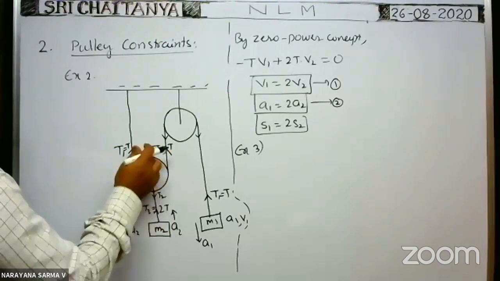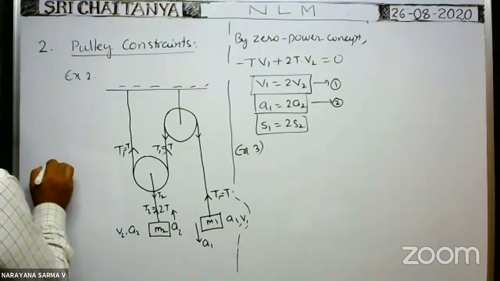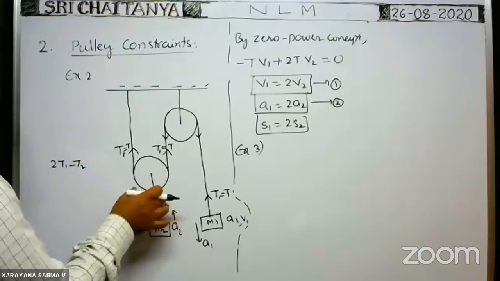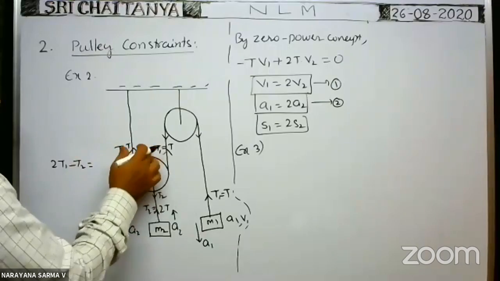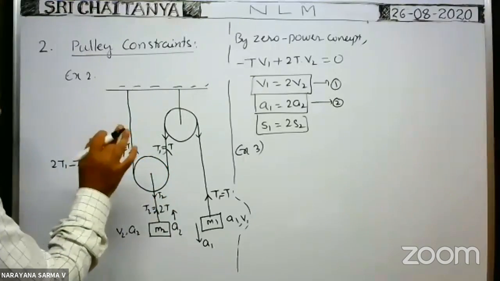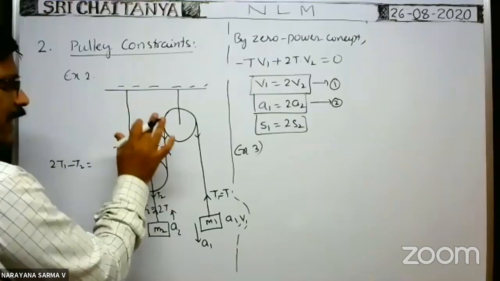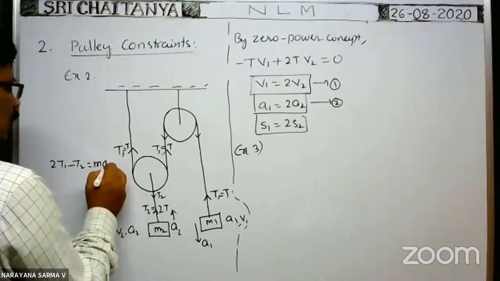Okay, so what is the net force acting on the pulley? That means 2T1 minus T2, or T2 minus 2T1, we can write. Already in the instructions I said that the pulleys are light frictionless pulleys. That's why this is equal to mass into acceleration of the pulley.